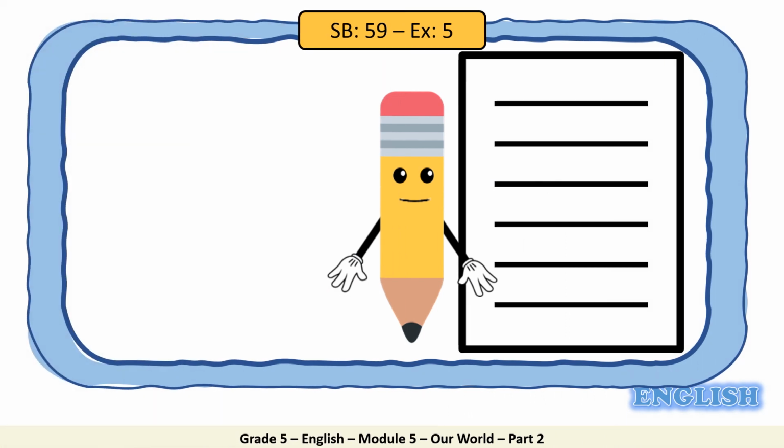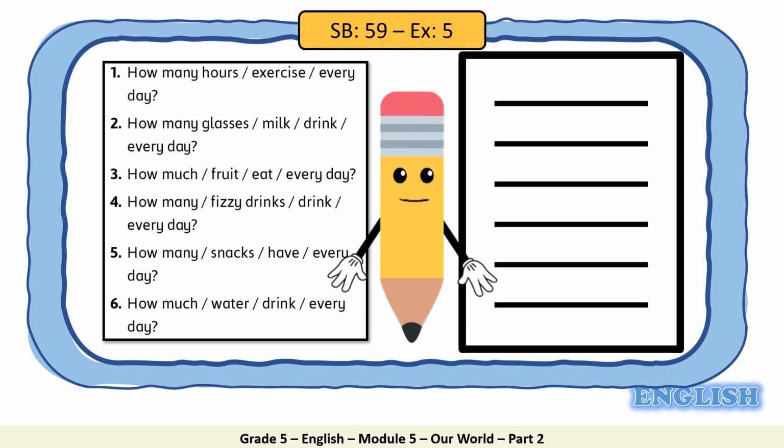For the last activity, I want you to go back to the questions in exercise 5. This time, we are going to answer the questions in writing. Choose 2 or 3 questions and answer them using the suitable quantifier. I will go first. I will answer question 2, 5, and 6, like this.